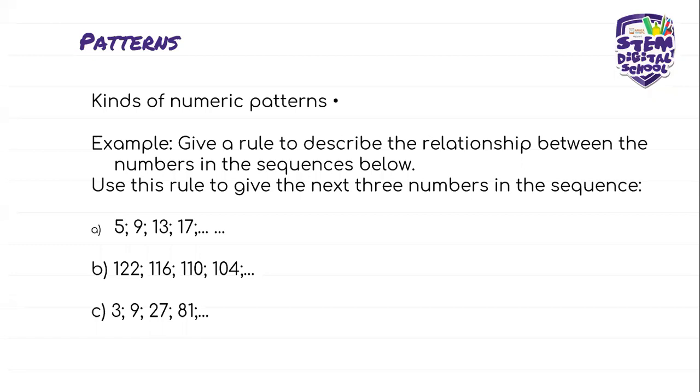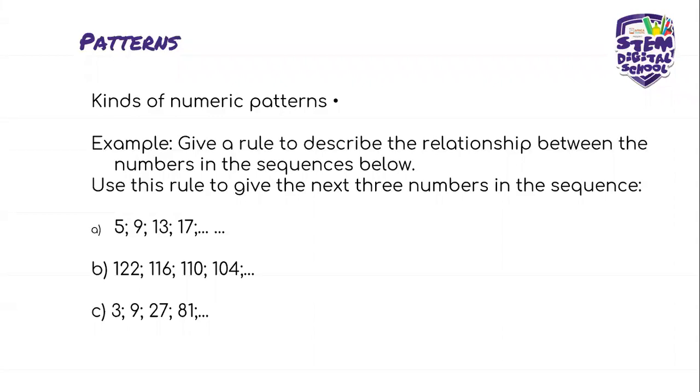You can see that this pattern is a descending pattern, meaning that it is moving from the biggest number to the smallest numbers. The big number there is 122, which is followed by 116. This is what we mean when we say it's a descending pattern.